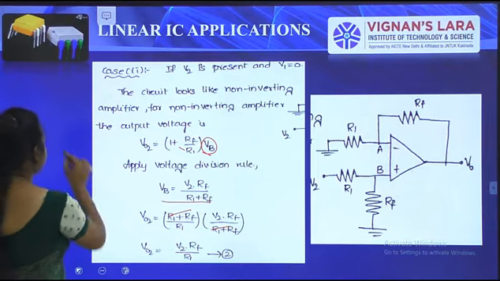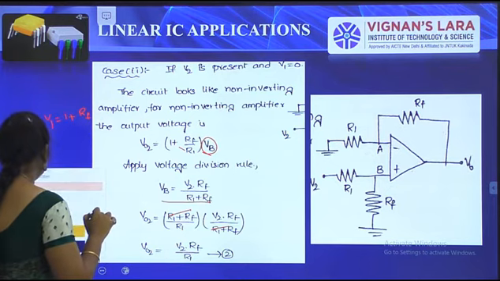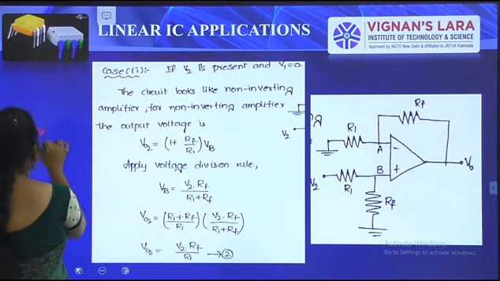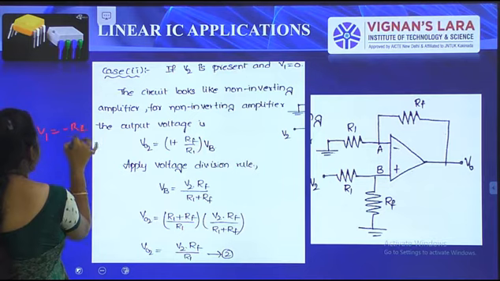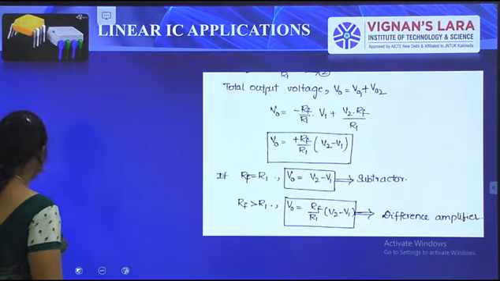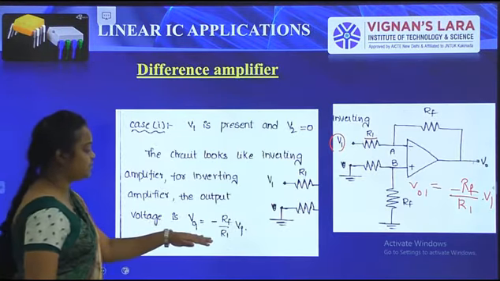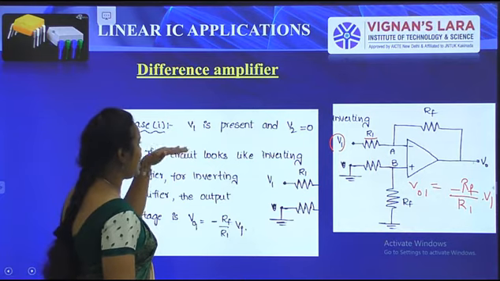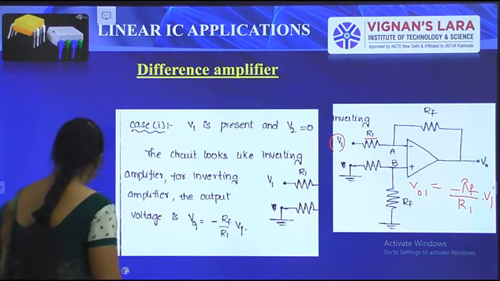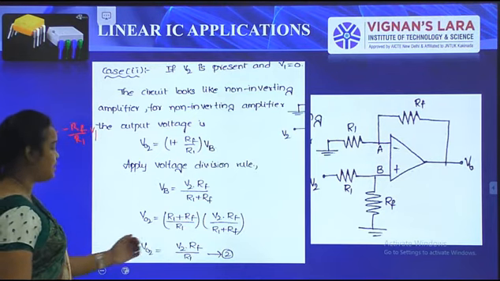For V1, we are getting minus RF by R1 into V1. So V0 is minus RF by R1 V1 in the case of the inverting terminal, and in the case of the non-inverting terminal we are getting V0 equal to V2 RF by R1.